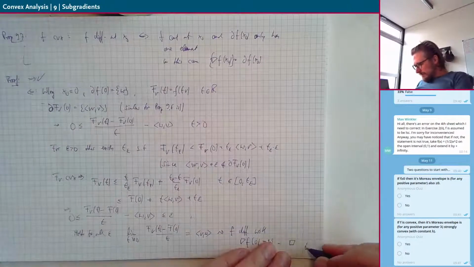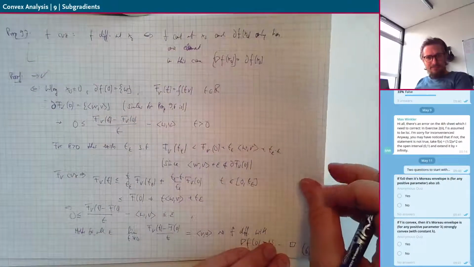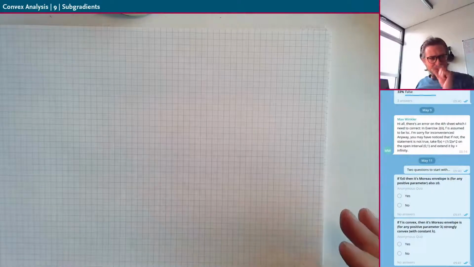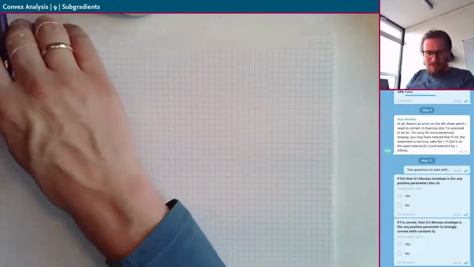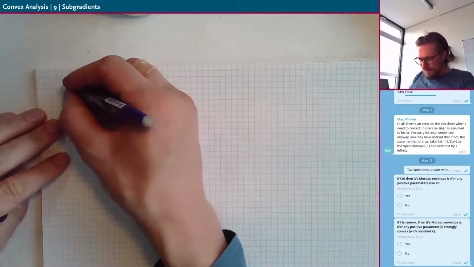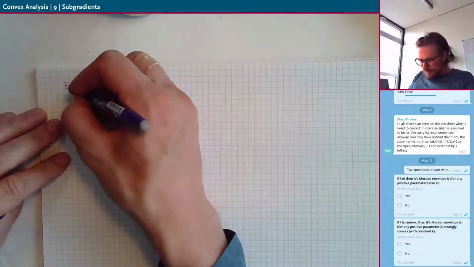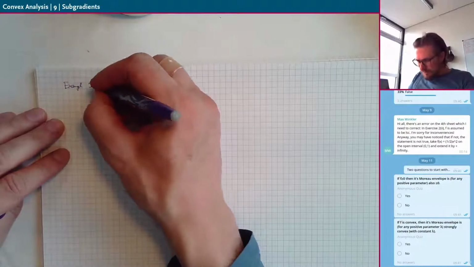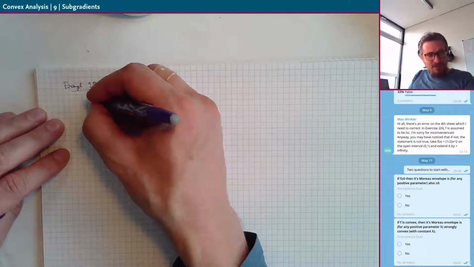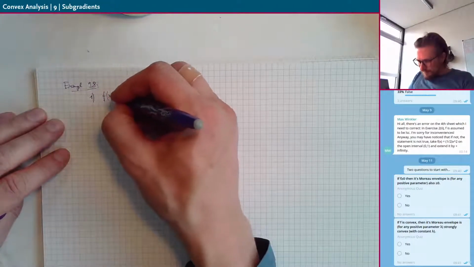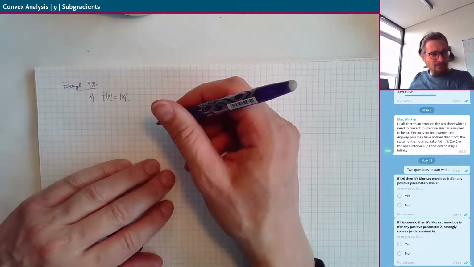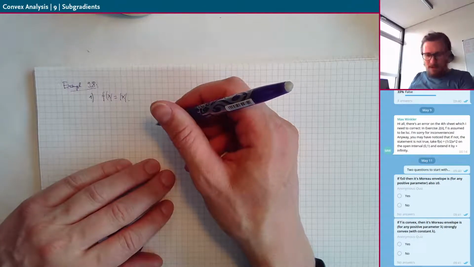Okay, and so now last but not least, one or two more examples. The one example we had before just graphically now comes another time with a little bit of calculation. First example is again the absolute value, in one dimension.